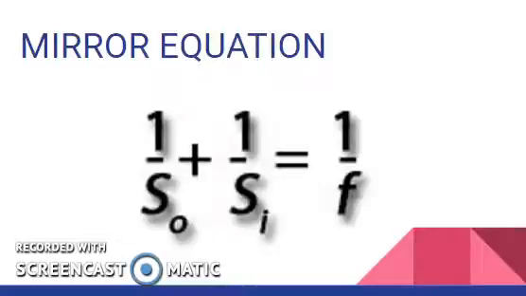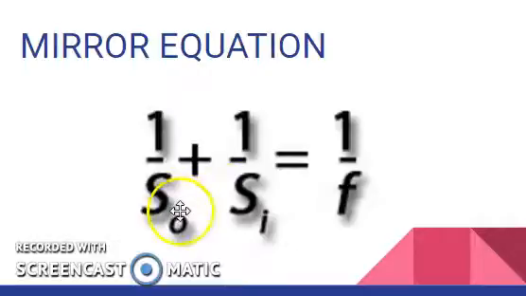First, we have our mirror equation, the first of our equations besides the focal length one. We have the object distance, SO, and our SI, which is our image distance.